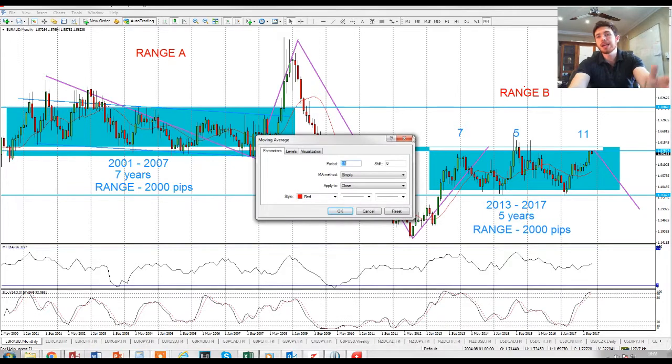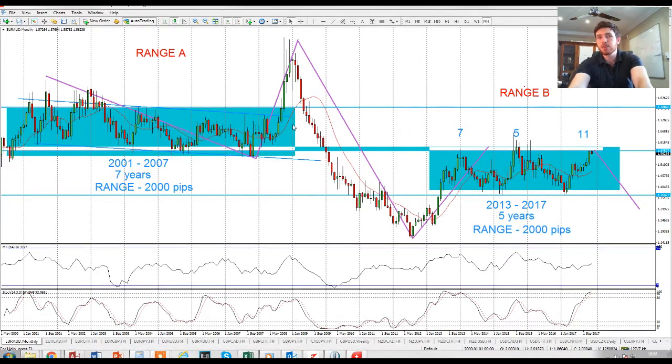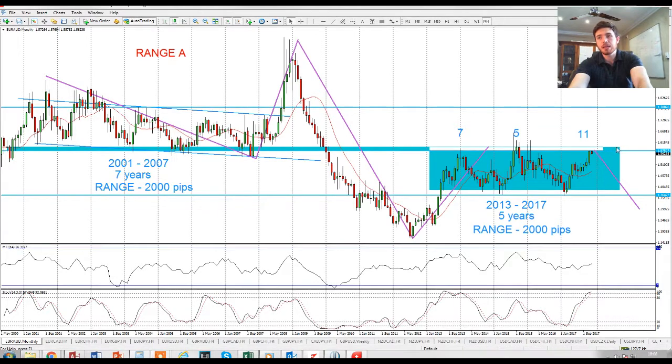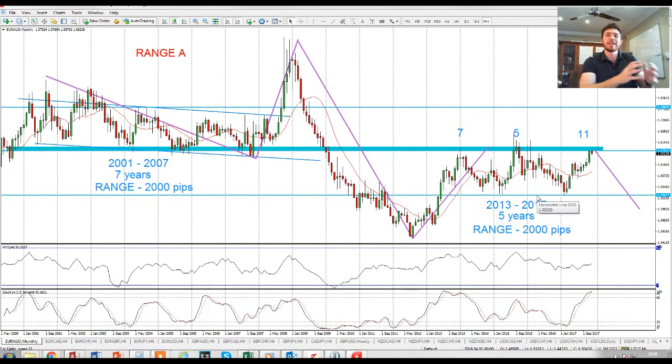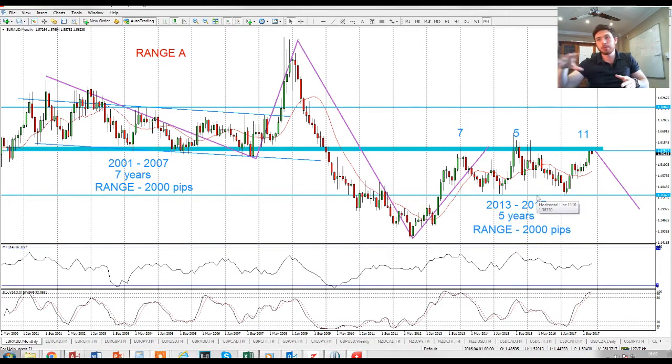Now that is something that I can't necessarily say up front, because that is quite a promising thing to say in terms of trying to identify if such a long-term range of 7 years is actually going to have price move back into that range again. For all I know, it's going to form its own ranges and never move to that previous price structure again, because it's such a long time frame as well. These are important things to understand as well.